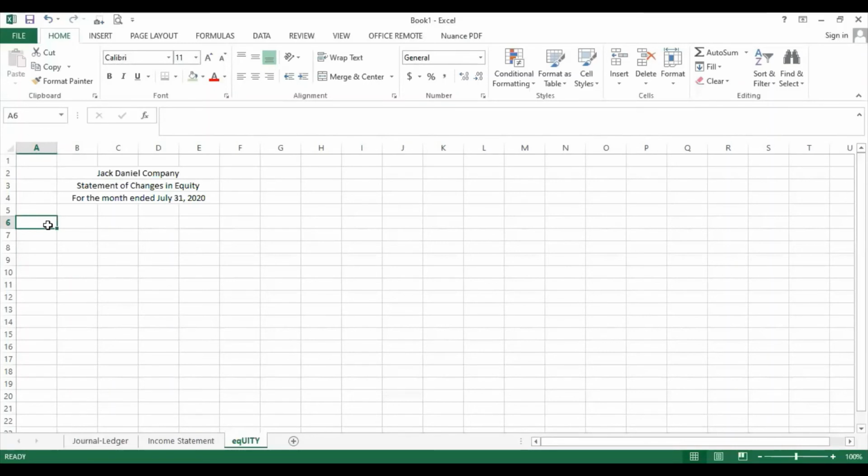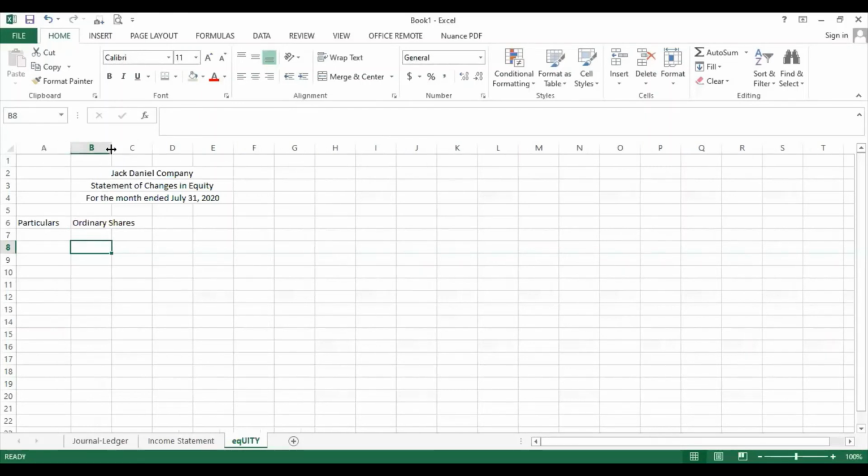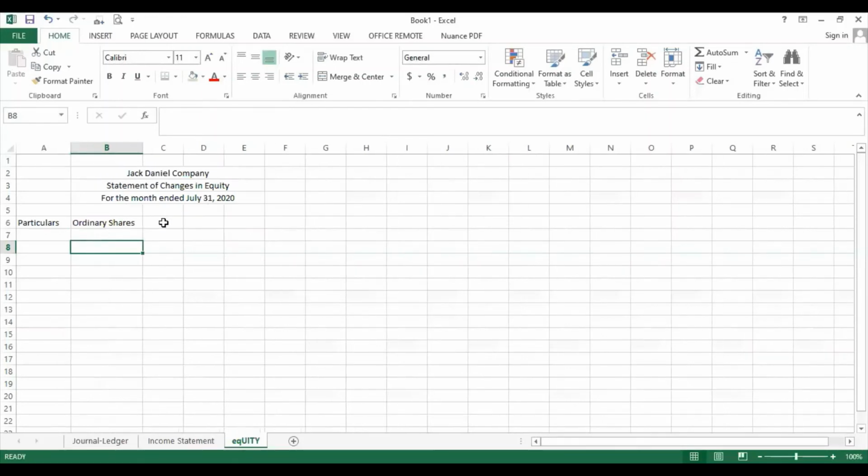So our equity is comprised of ordinary shares, the particulars here. Basically, for those who are watching, you just copy the template first.